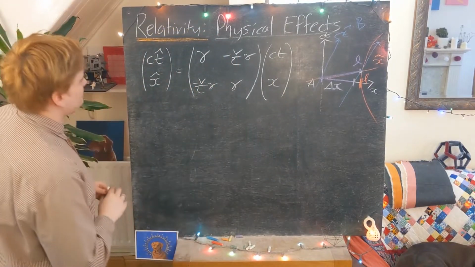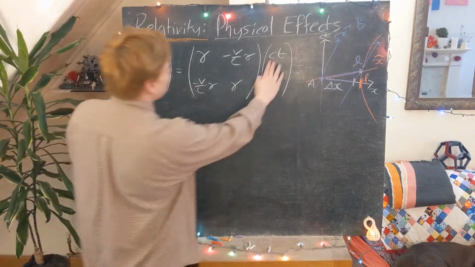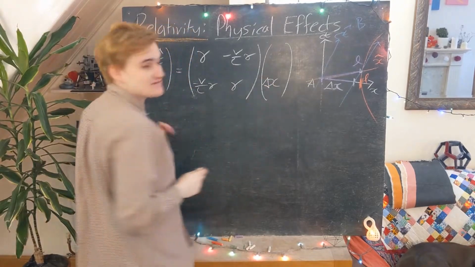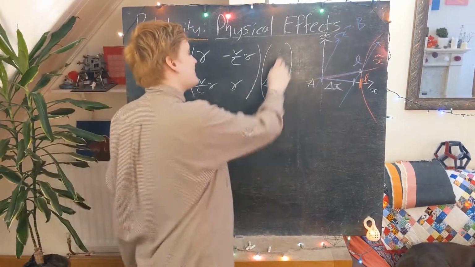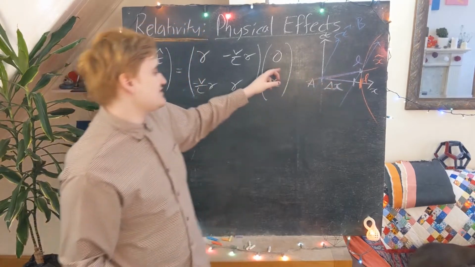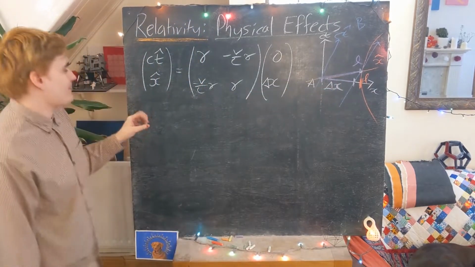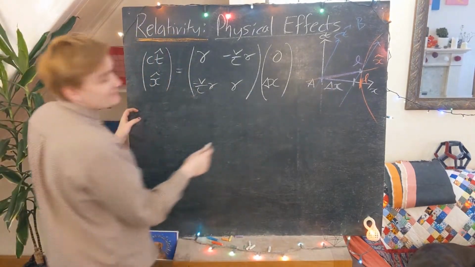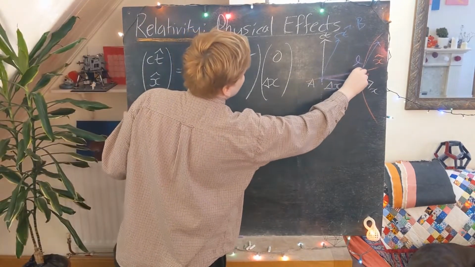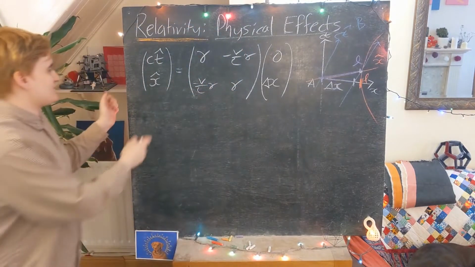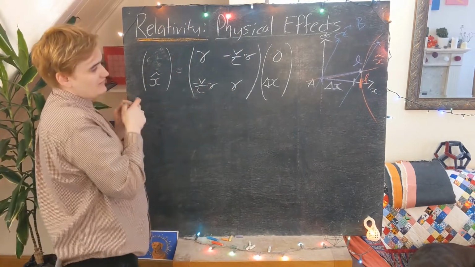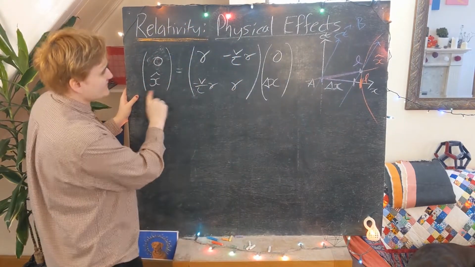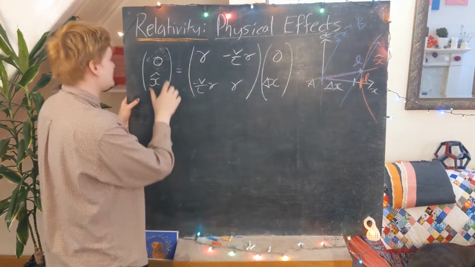And so what I'm trying to calculate is how this unknown interval, or just point delta x, which lies on the t equals 0 axis, is going to be boosted into this B frame, which I know should correspond to this point up here, which is going to have coordinates, again, t hat equal to 0 on this line, but this x hat coordinate is going to have to be equal to L.